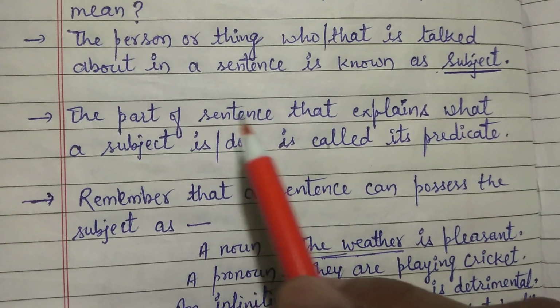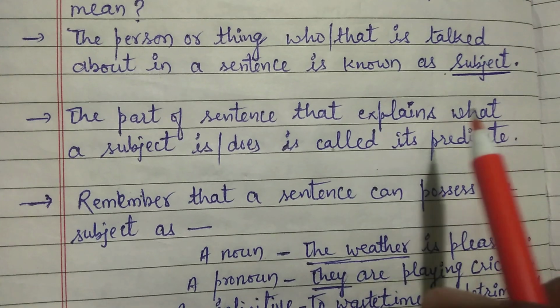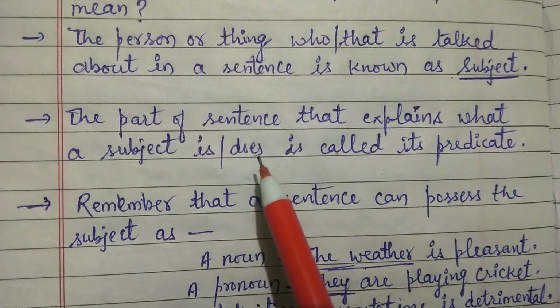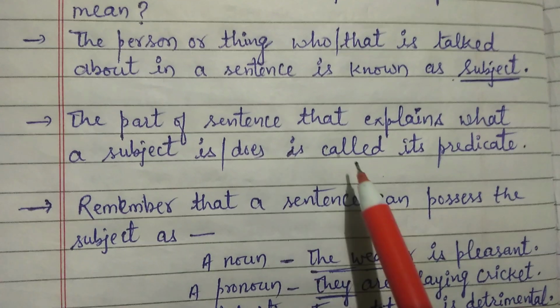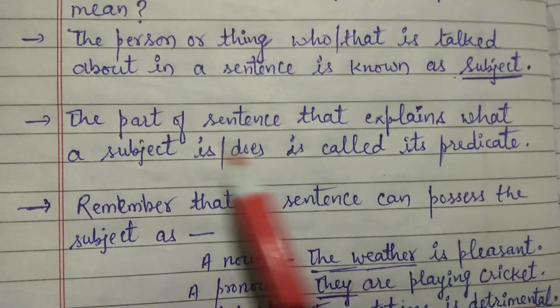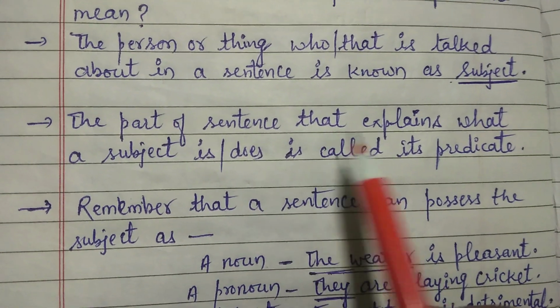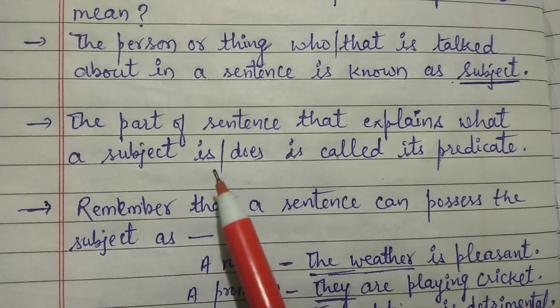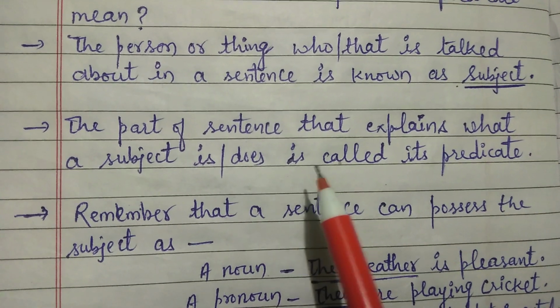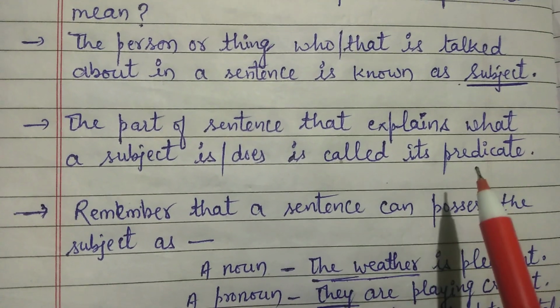The part of a sentence that explains what a subject is or what a subject does in a sentence is called its predicate. Let me repeat. The part of a sentence that explains what a subject is or what a subject does in a particular sentence is called its predicate.